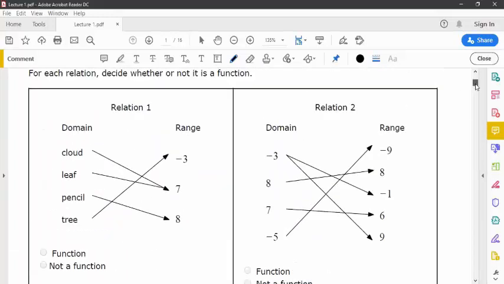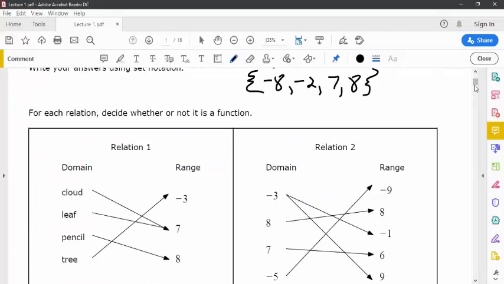Our next example, it says for each relation, decide whether or not it is a function. So remember, all a relation is a set of ordered pairs. For it to be a function, each domain value can only relate to a single range value. So when we look at the first example, relation 1, we have cloud, leaf, pencil, and tree being the domain, and our range being -3, 7, and 8.